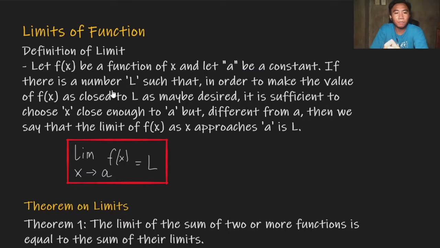If there is a number L such that in order to make the value of f of x as close to L as may be desired, it is sufficient to choose x close enough to a but different from a, then we say that the limit of f of x as x approaches a is L. The reading is: the limit of f of x as x approaches a is equal to L.